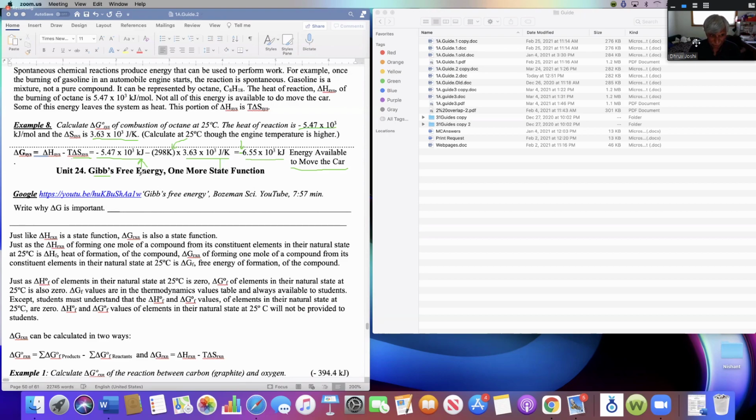Now we talk about Gibbs free energy. One more state function. That's the last state function we're going to talk about for now. Why is delta G important? Because first of all, it is a state function. So it's very easy to calculate.